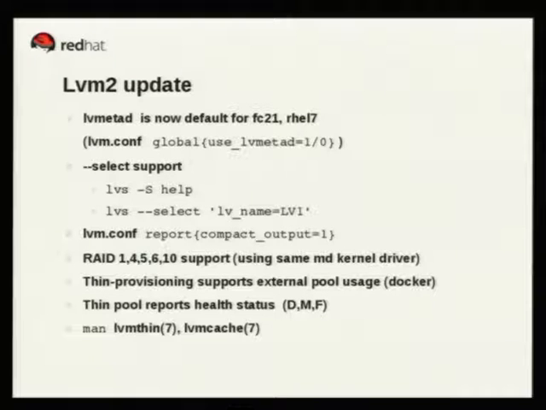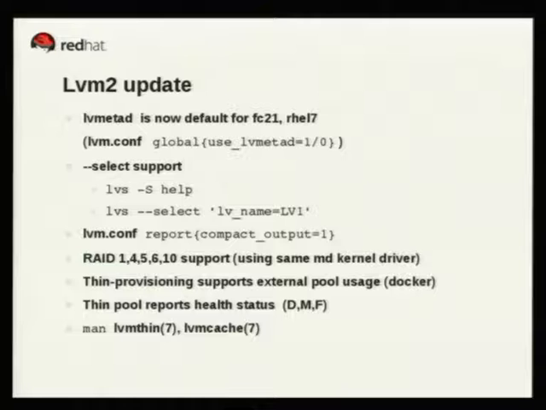The Docker team was thinking that LVM is too heavy, or was too heavy, for their support. So they basically rewrote everything we did, but they considered that maybe using the thin pool is something they can try. So we now support the external usage of thin pool.